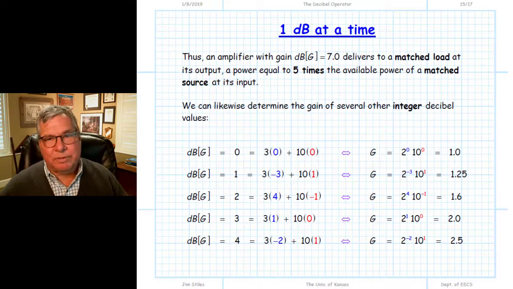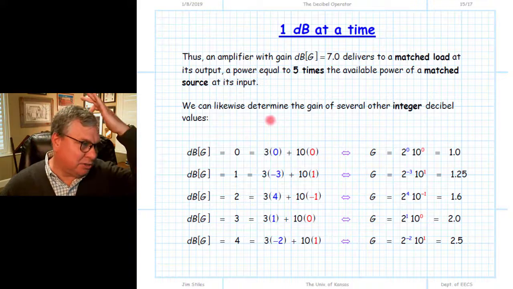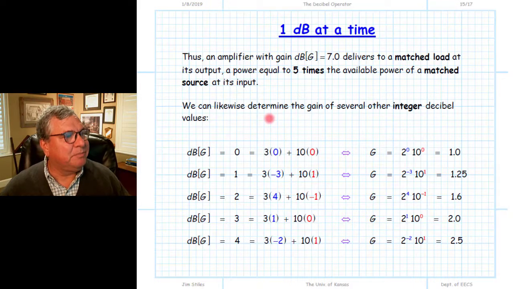So let's continue and try to do this for every integer value of gain when expressed in decibels. And again, it's not that the gain is an integer value. It would be a situation where, when expressed in decibels, it would be an integer value. So we're going to look at the gain when expressed with the decibel operator as 0, 1, 2, 3, 4. In other words, 0 dB, 1 dB, 2 dB, and so forth.